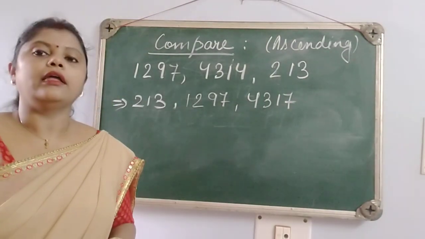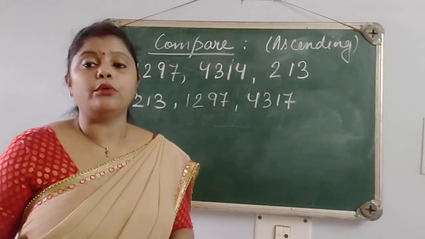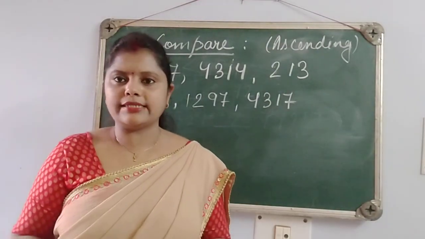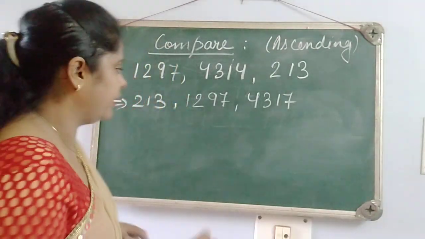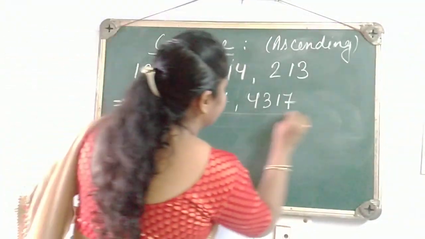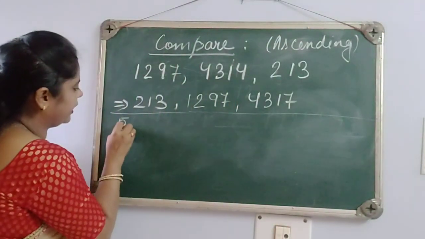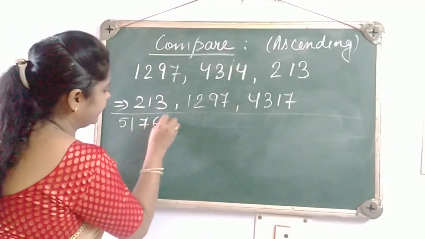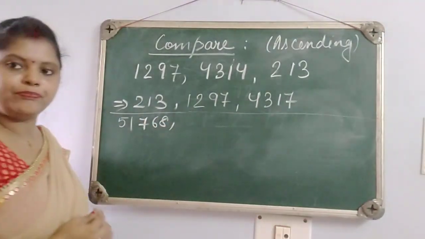Very clear? Now, I am also going to tell you how to arrange the numbers in descending order. One more small example I am giving. I hope it will be clear then. So, for descending order, I am writing one example again: 51,768. This is one number, okay?